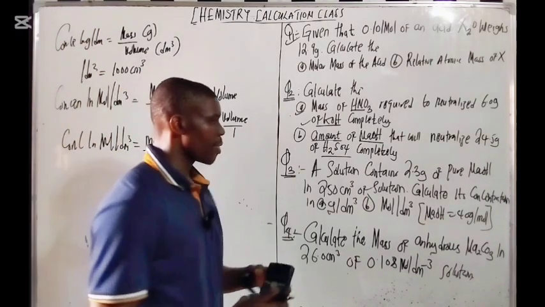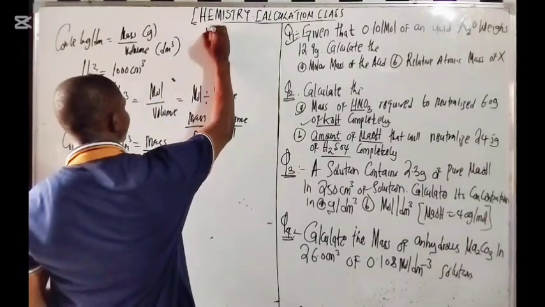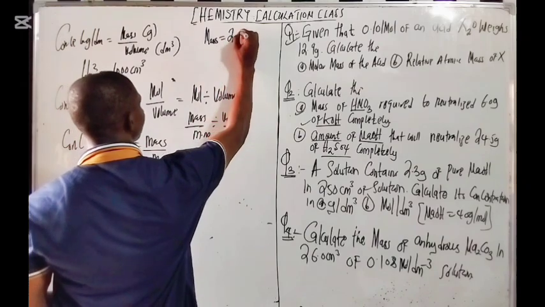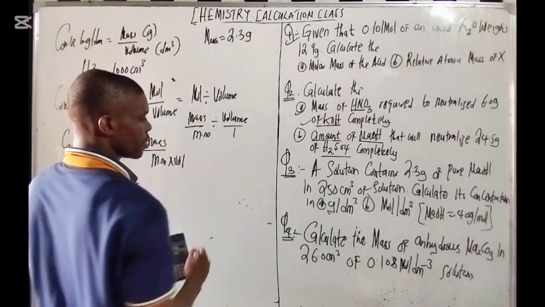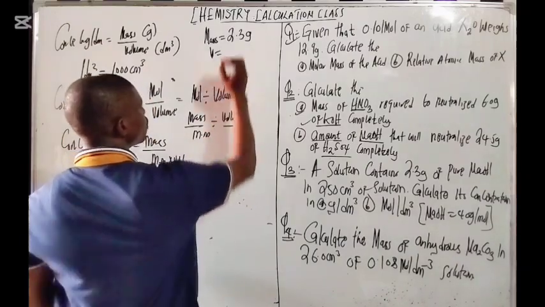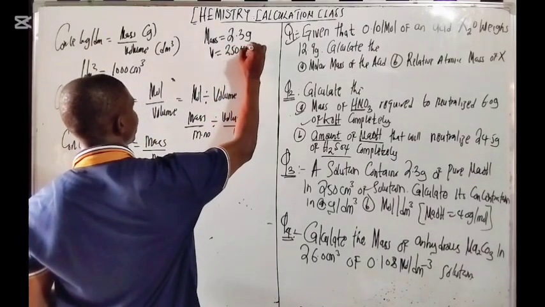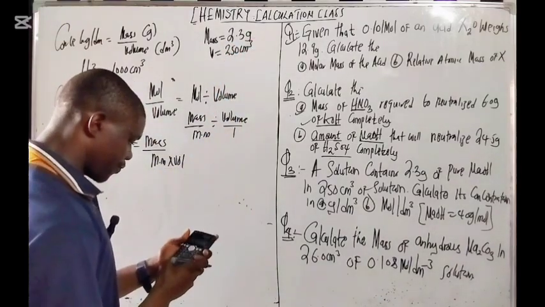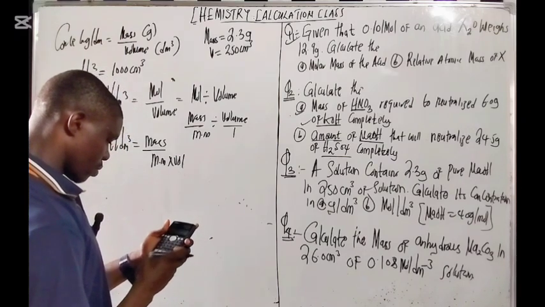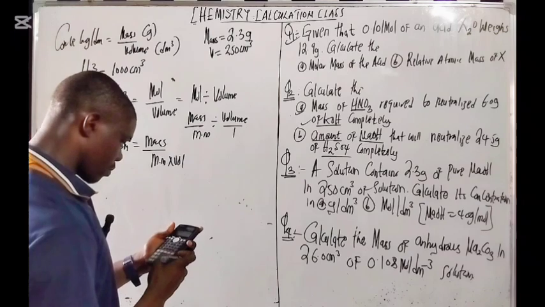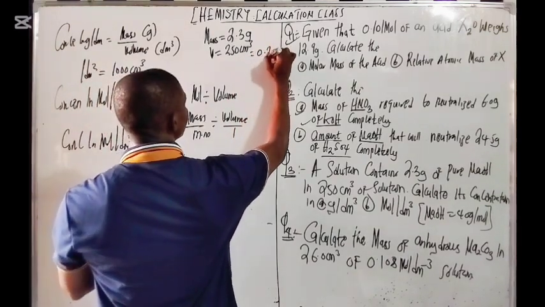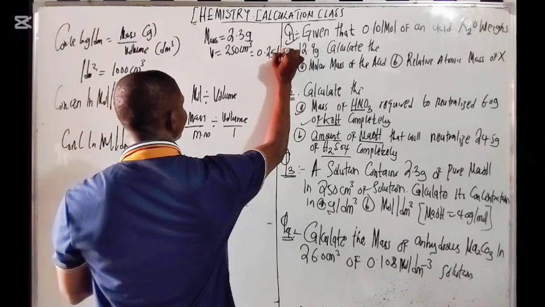If you check it very well, mass was given to me. Mass is equal to 2.3 gram. Volume is 250 cm cube, but if you divide by 1000, 250 divided by 1000 is 0.25 dm cube. Mass is 2.3 gram, volume is 0.25 dm cube.